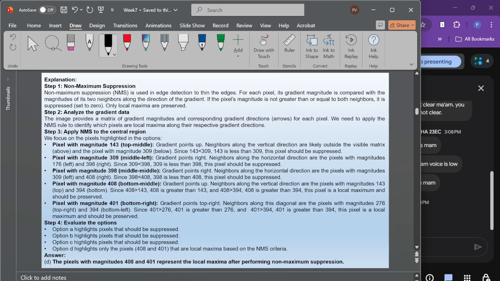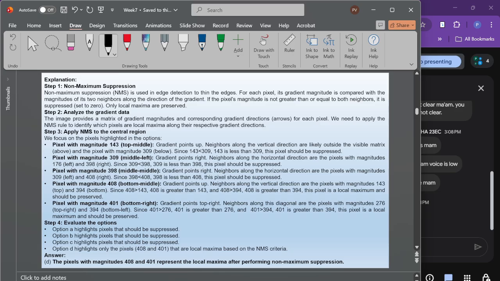So if the magnitude is less than or equal to both neighbors, then it will be suppressed, otherwise it will be preserved. Okay, now the next part: we need to analyze the gradient data.